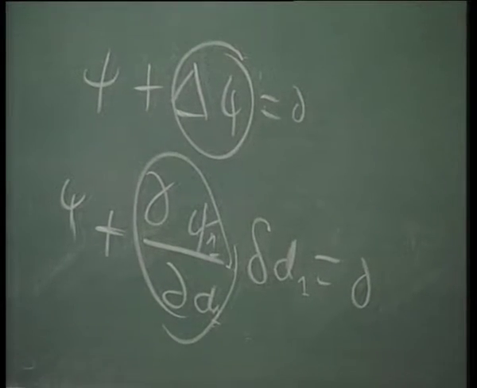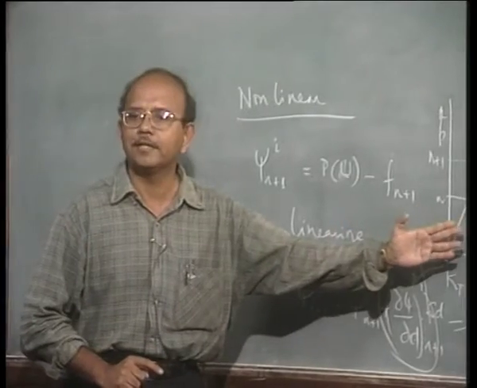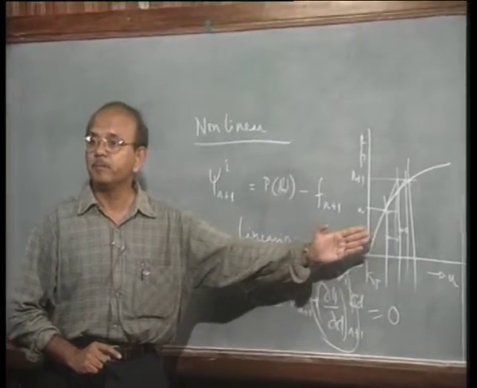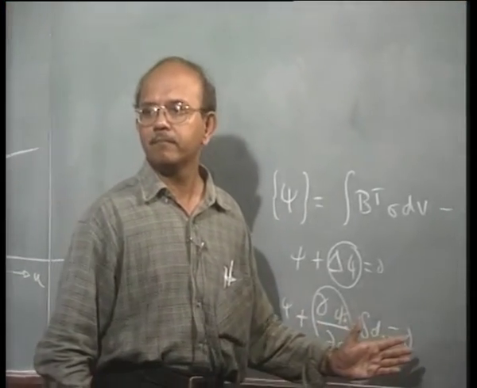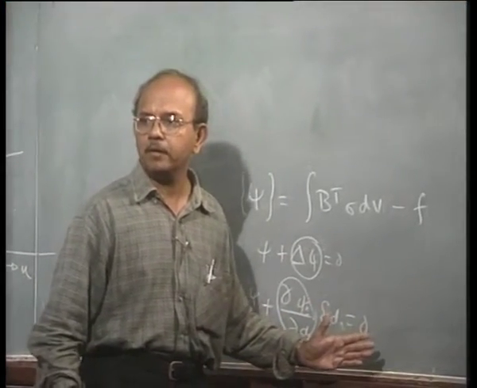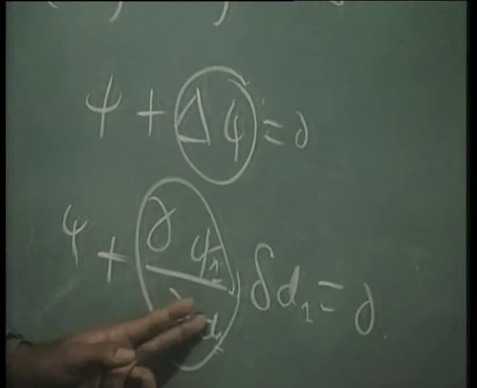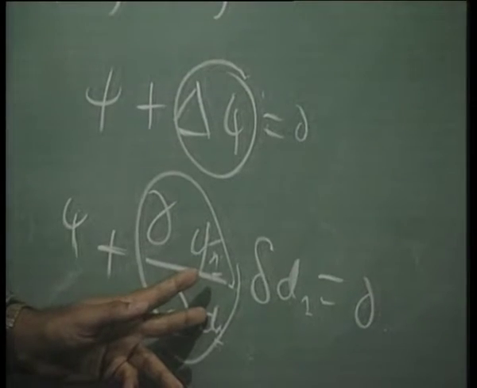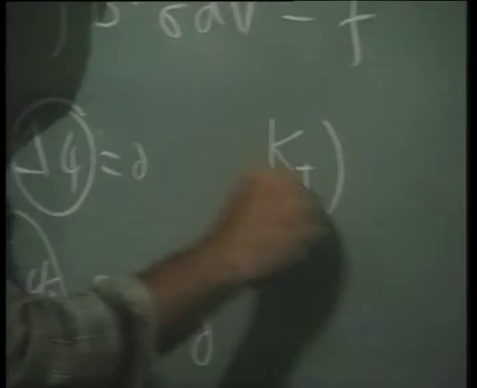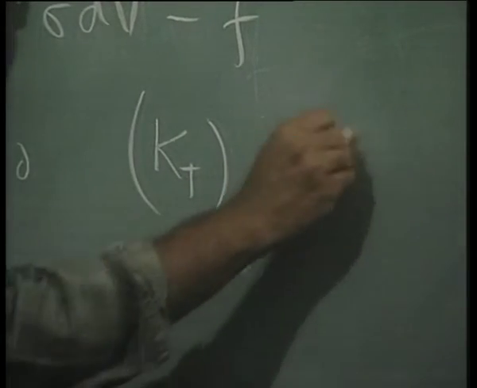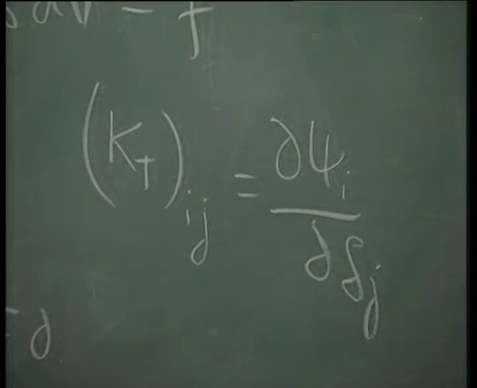In 1D it was one value, because delta D was only one value, as in this figure. Now delta D, even for an element, is not one value, and so it's a vector. So this becomes a matrix, where KTij can be said as something like that.